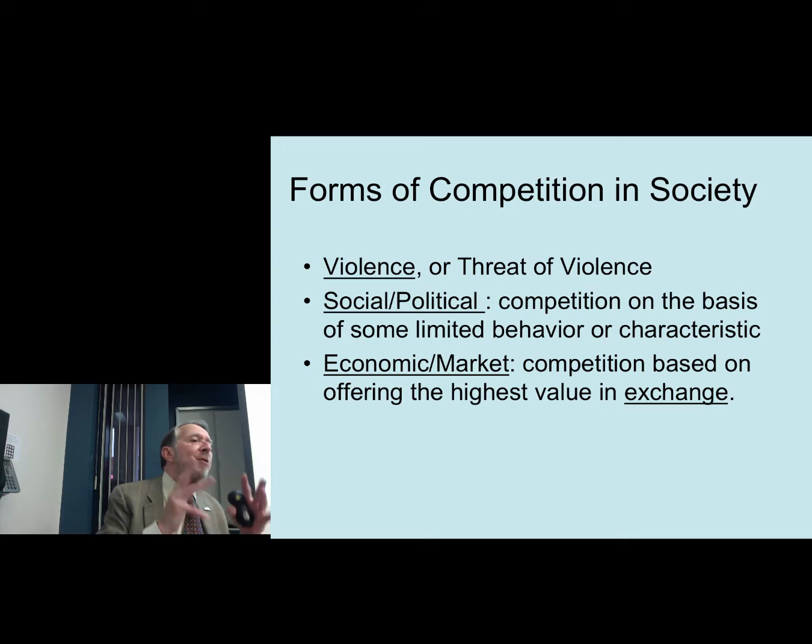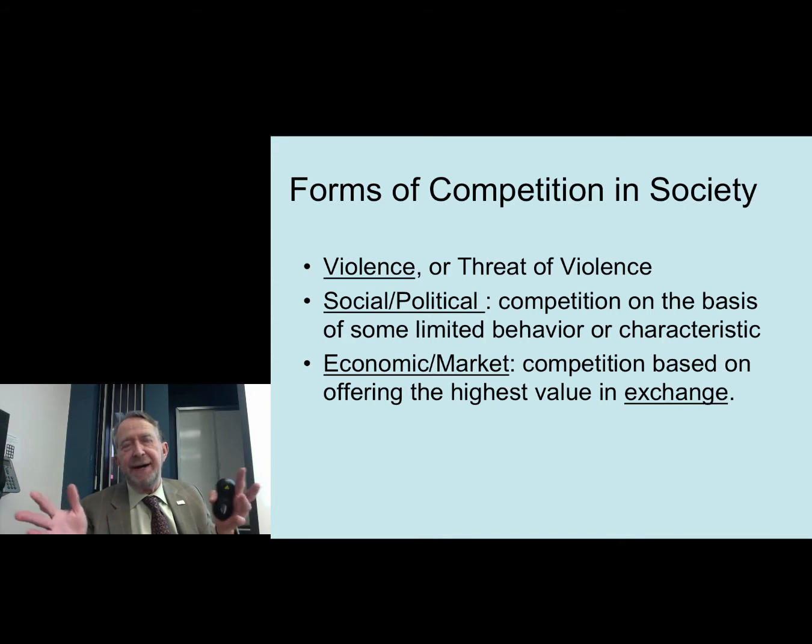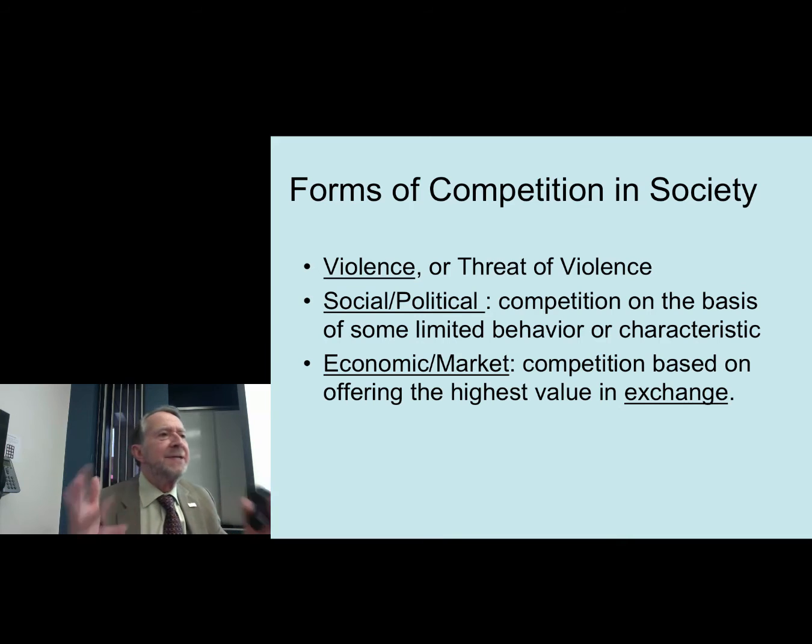And then if you go across the world, violence is the major form of competition in Syria and Iraq and Afghanistan and so forth. I doubt very much that any of you own a Kalashnikov rifle, right, with ammunition, or an M16. In Iraq, everybody owns a Kalashnikov, which is the Russian version of the M16 rifle, and ammunition. And the reason is because violence is a major form of competition.